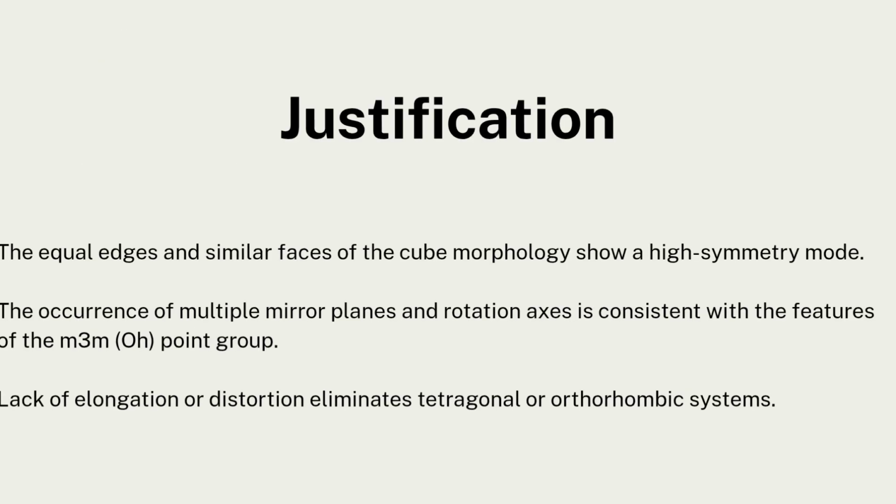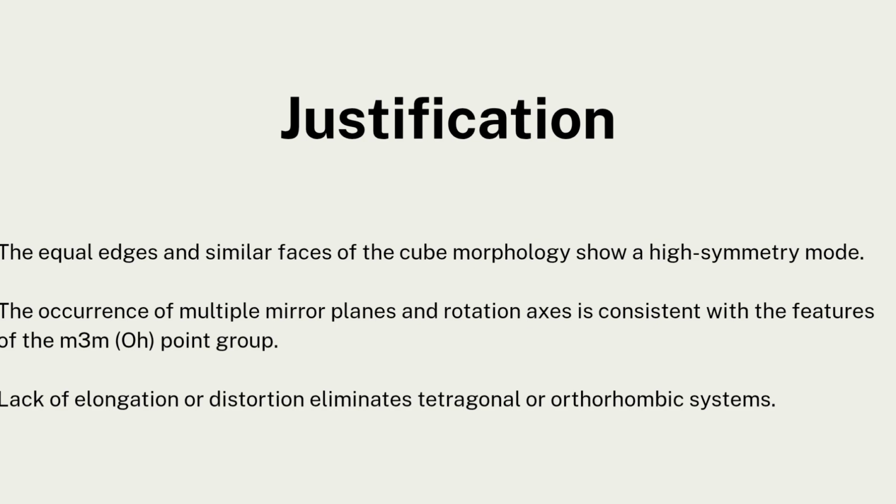This slide gives the justification for identifying the cubic crystal as belonging to the m3m or octahedral point group. First, the equal edges and identical faces of a cube indicate a very high level of symmetry. Every face looks the same, which is a key characteristic of cubic crystals.